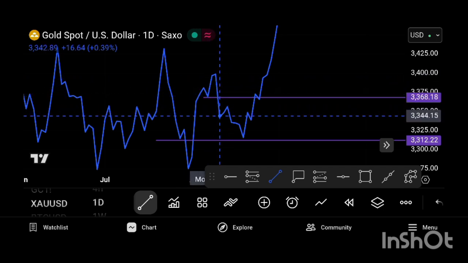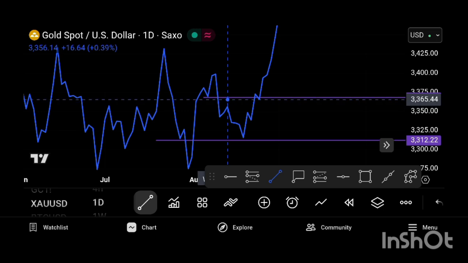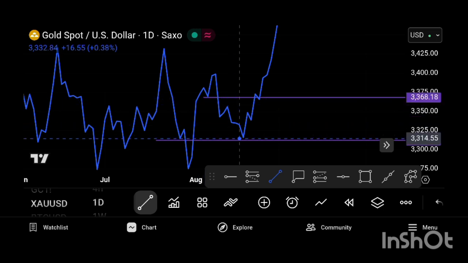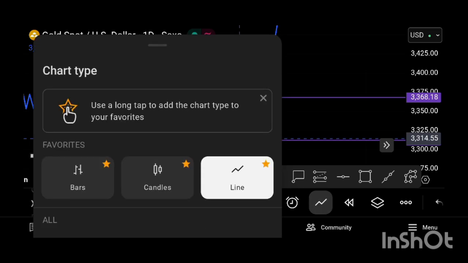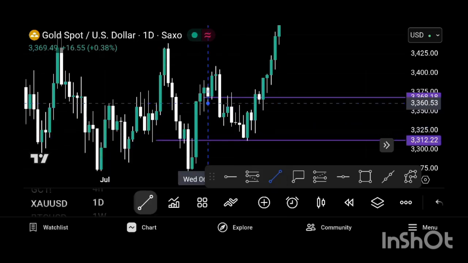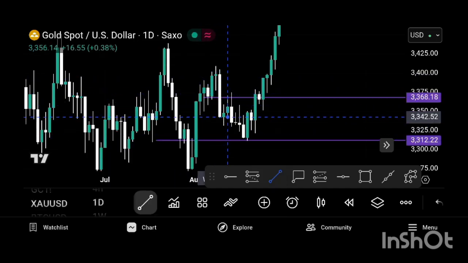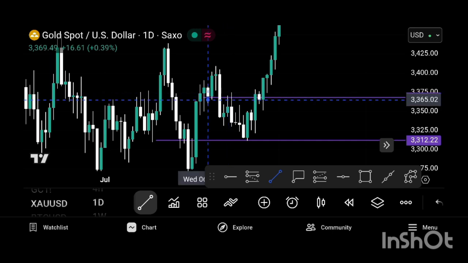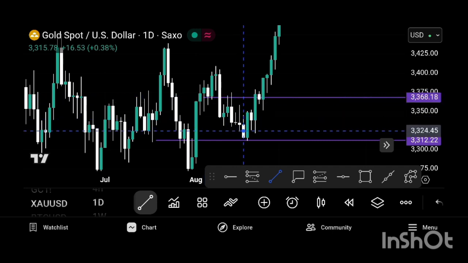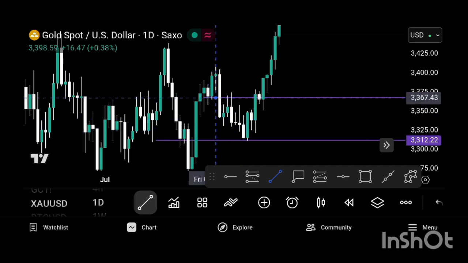Later on, price came back there to retest it, and then it kept going down. Change to the candlestick, you see it clearly. So you have support breaks becomes resistance. When price came back to retest that level, it's no longer a support but resistance, and then price kept going. So this is what we call SBR.